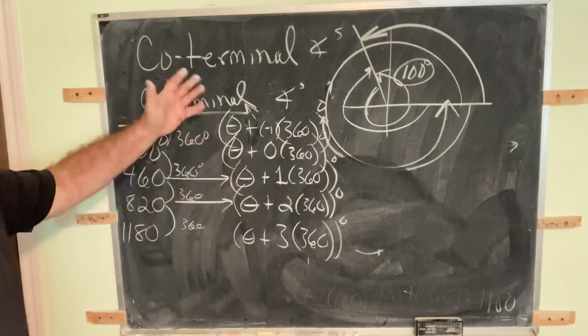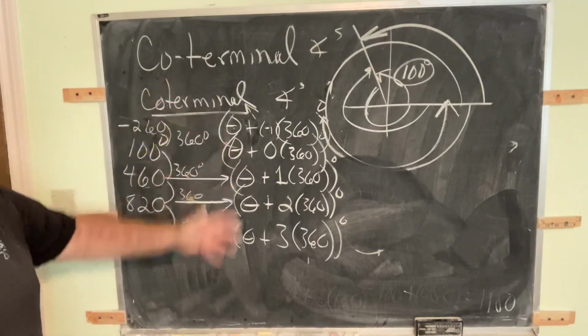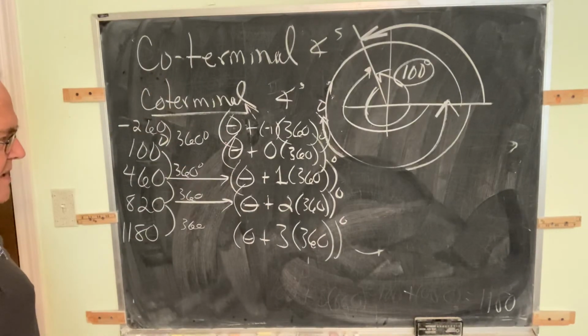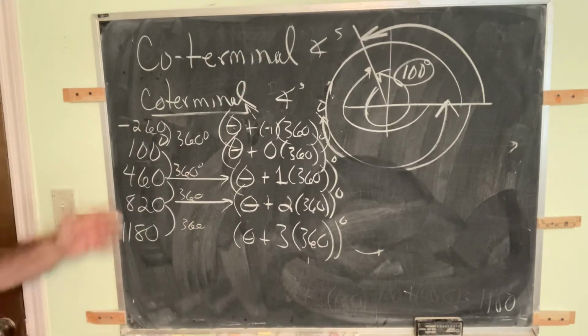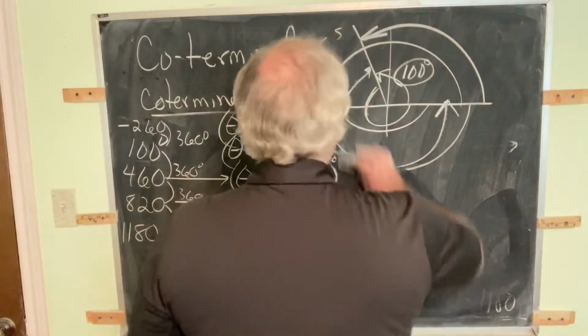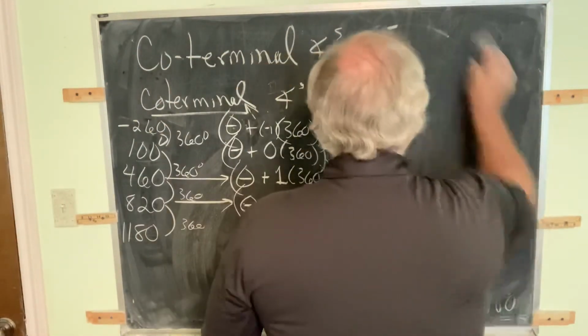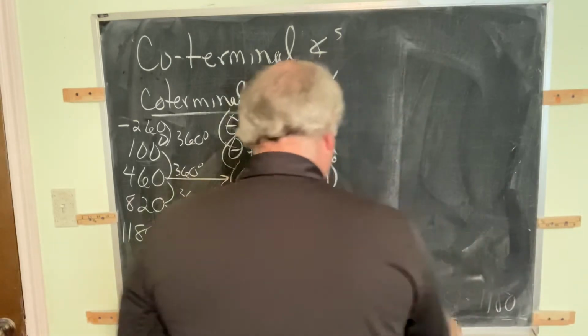How can we say all that? We can make this much more concise, much more precise. Because this is not very hard to see. This is pretty well done. This is still a bit of a mess. This is the way we're going to write our multiple revolution representations here.